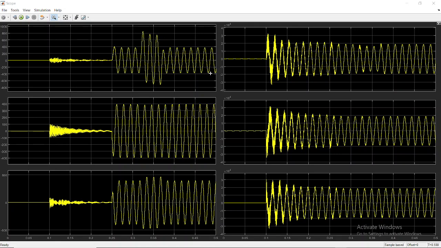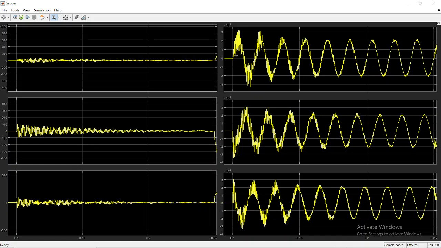Okay, so after understanding this sequence of happenings, now we are in a position to understand what is meant by transients and how to detect the distance to fault using these transients. Okay, so what are the transients? Obviously in voltage you will observe these transients. All these are the transient voltages.